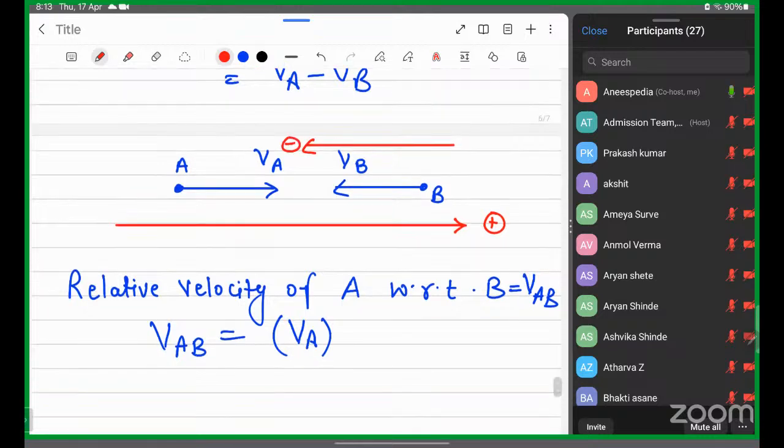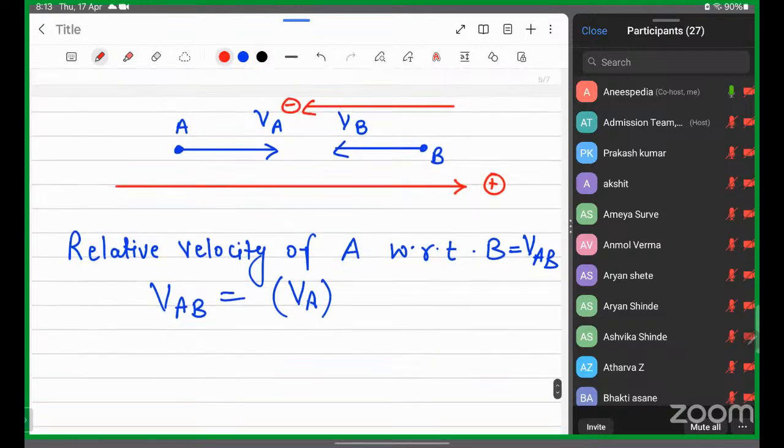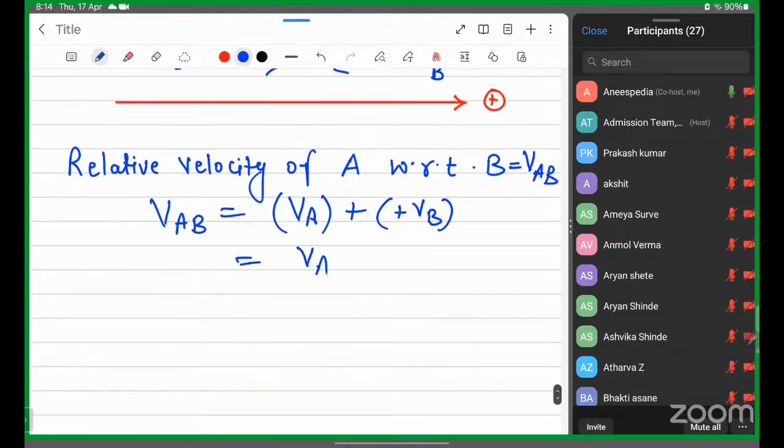If you reverse it, it will be in positive direction, and you have to give it to object A. So this is object A plus velocity of object B in reverse direction, which will be plus VB. So the answer will be VA plus VB.